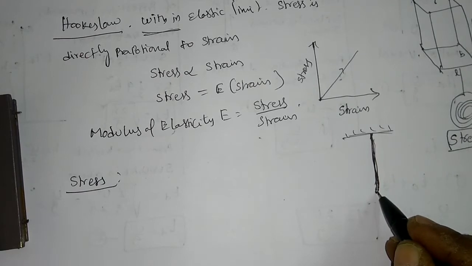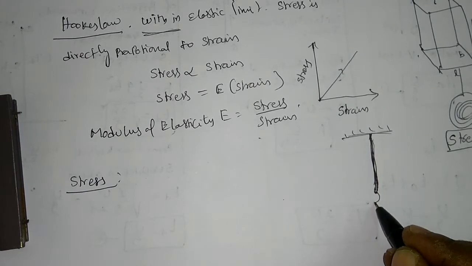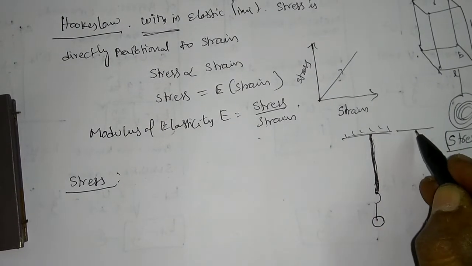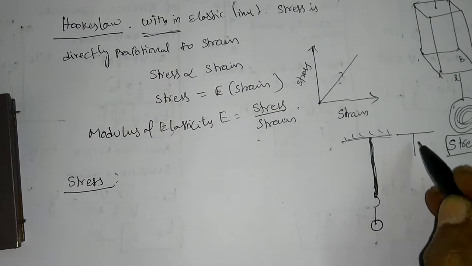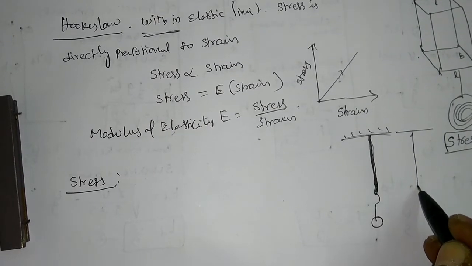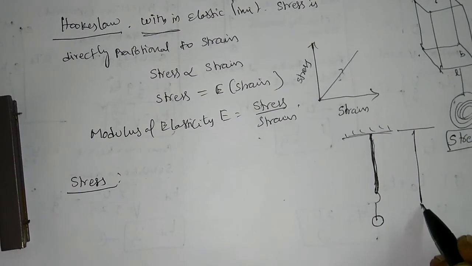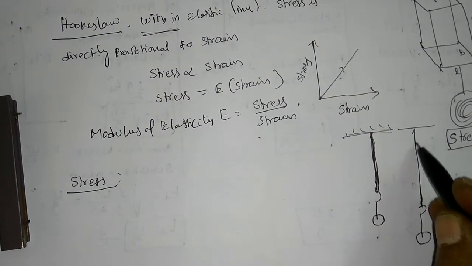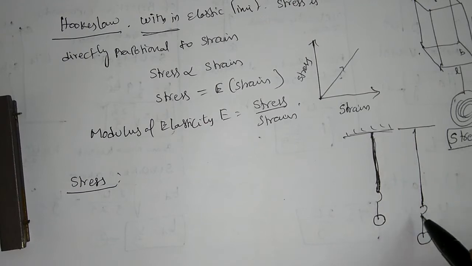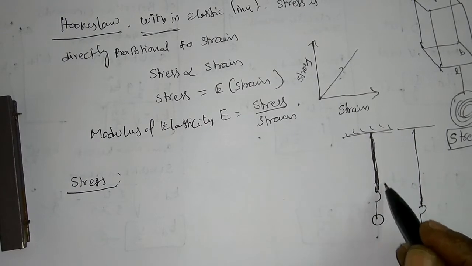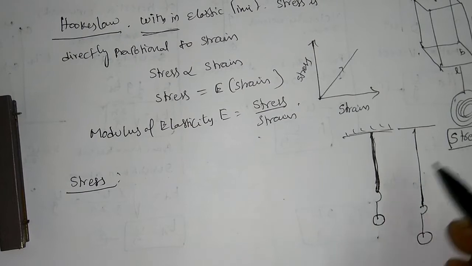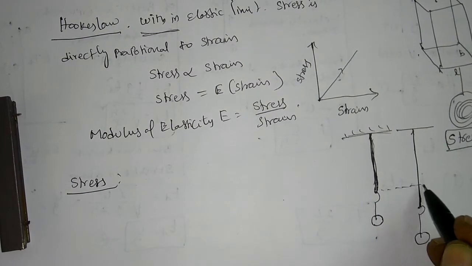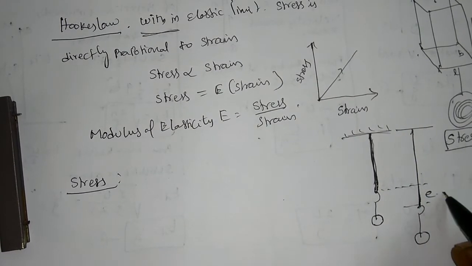Now at the end of this rigid support, if a weight is attached to this, automatically the wire will be elongated a little bit, like this. That means the length of the wire will be increasing here by applying the stress in this particular area. Then automatically it will be elongated like this. How much it will be elongated? That is the elongation, you can say.